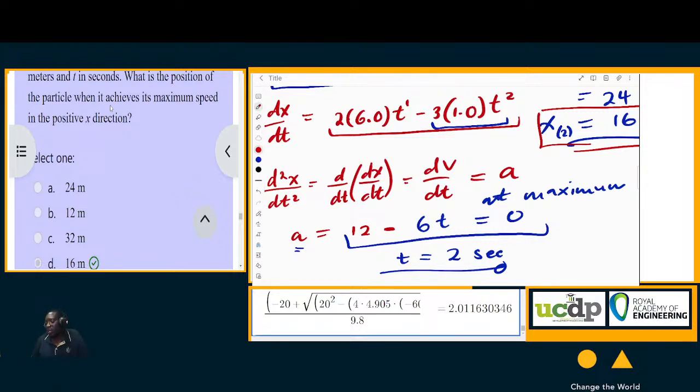If you get something greater than 12, then that would be the maximum acceleration. But since t can increase to any value, you can plug in something like 10. You now have 12 minus 60, which is minus 48. So the magnitude is 48 there.